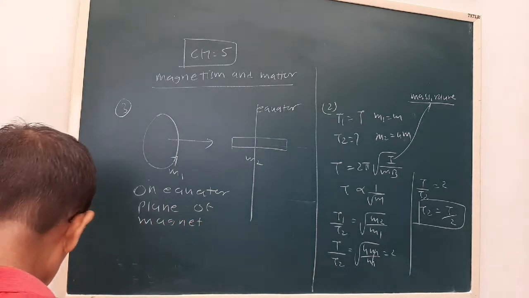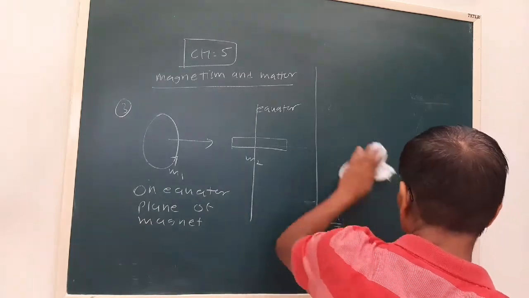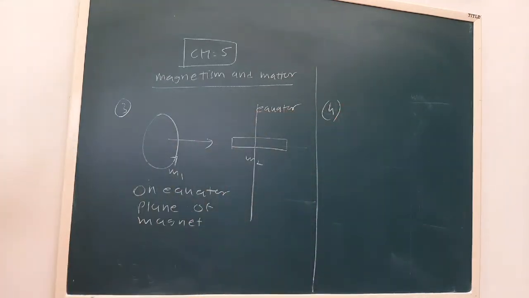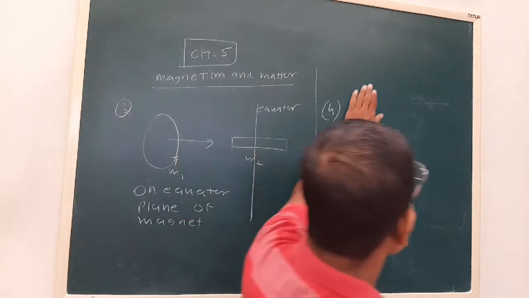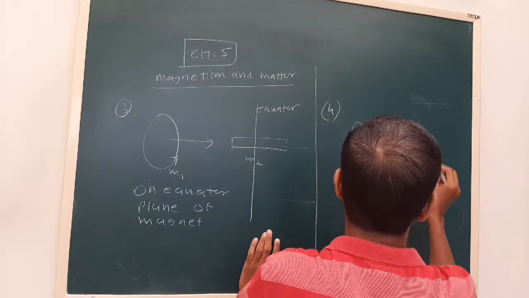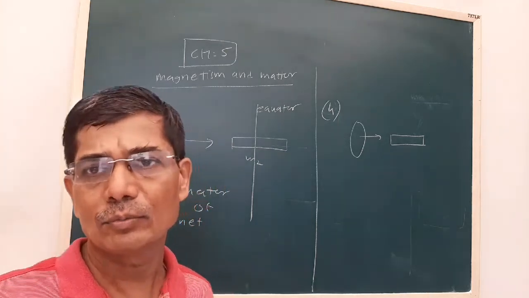Now the next question is related to this only. When a current carrying loop is replaced by the equivalent bar magnet, they have the same dipole moment.